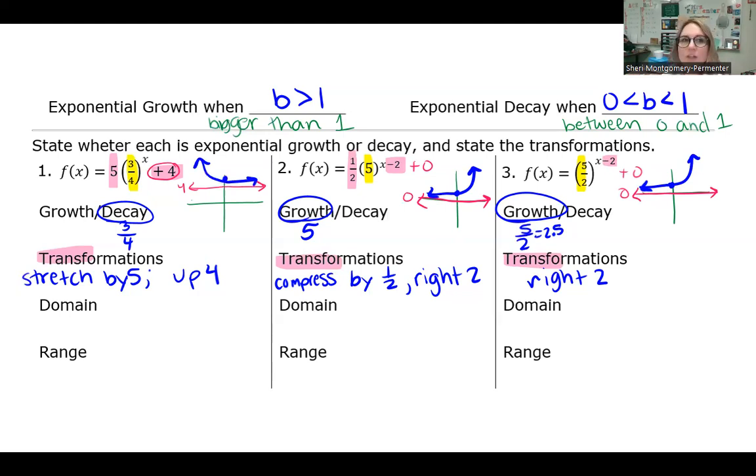That is going to help us figure out the domain and the range. And to be honest, it doesn't really matter whether you're growth or decay. Every single one of these is an exponential, and all the exponential graphs go on forever to the left and right.